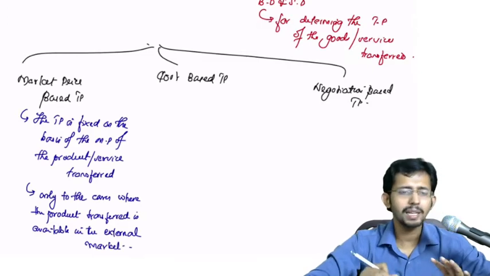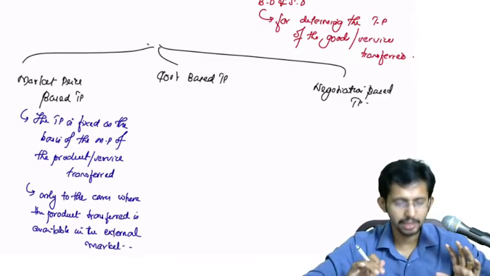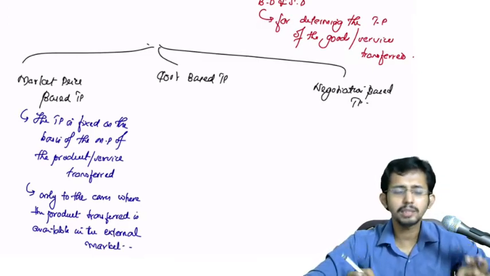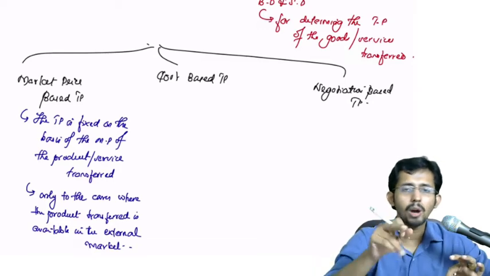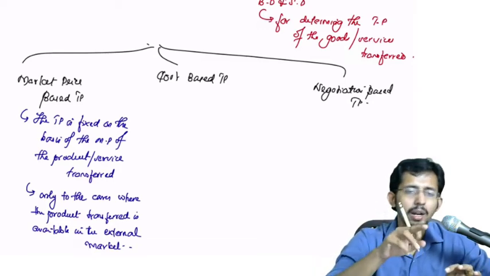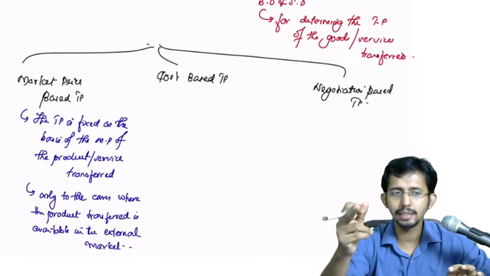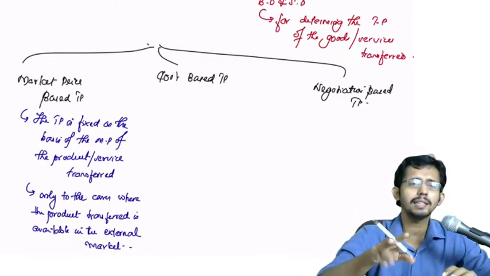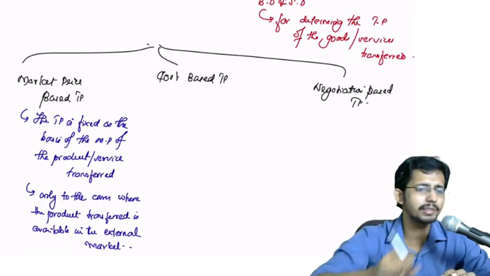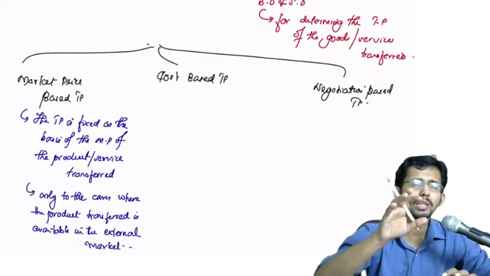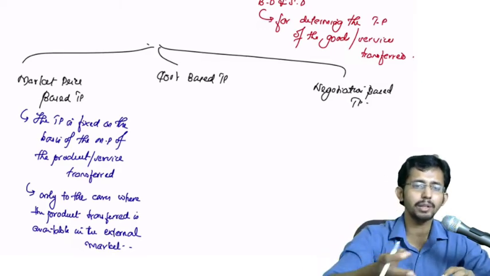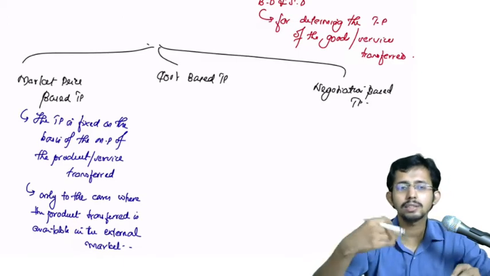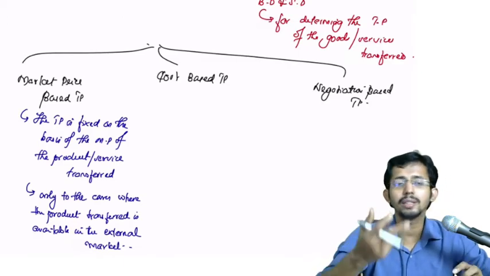I don't have to explain much on this market price based TP, because in this method you see what is the market price of the product which you are selling to your internal division, or you are buying from your internal division, and that market price will be taken as a base. Okay, and you see what costs are saved on internal transfer, or what additional costs are incurred for internal transfer.